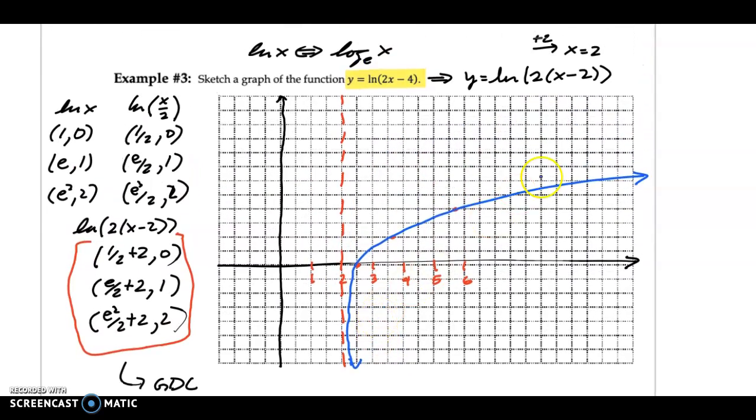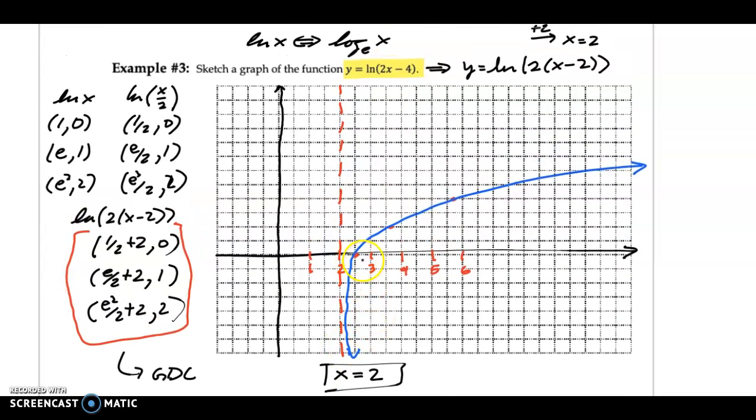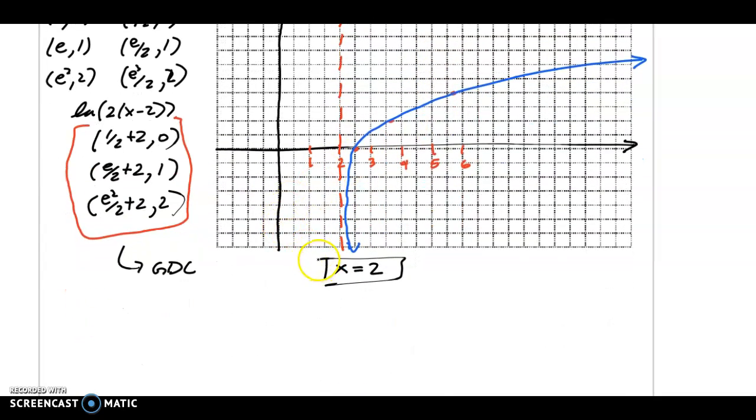Note how we find the equation of the asymptote: it's just x equals 2. This also gives me my x-intercept, which is going to be (2.5, 0).